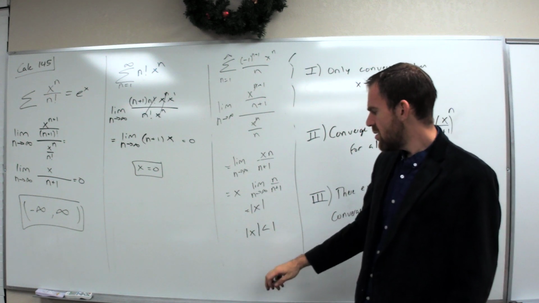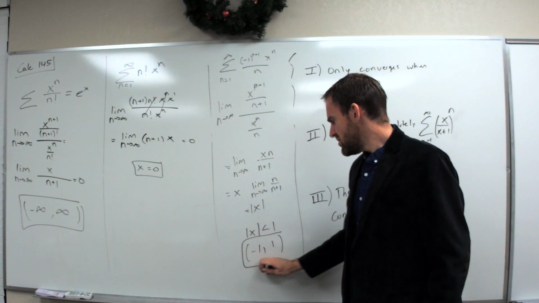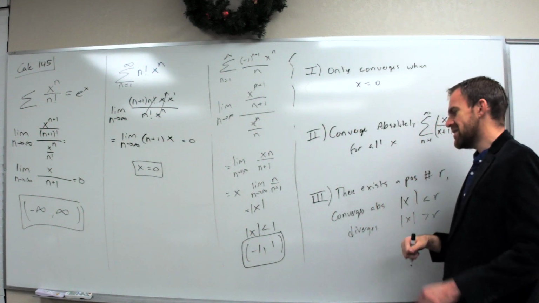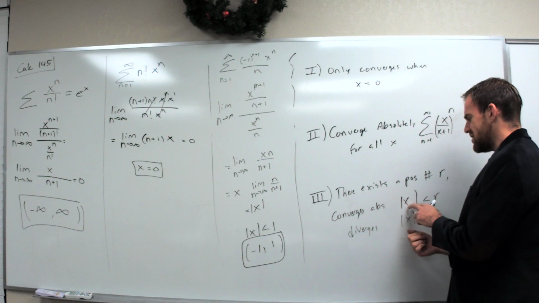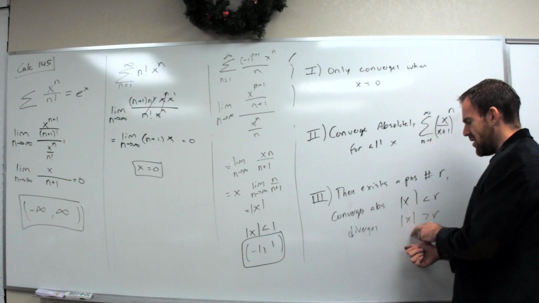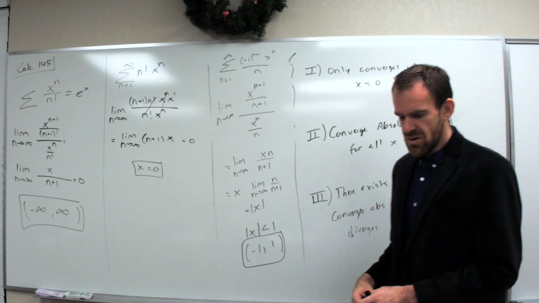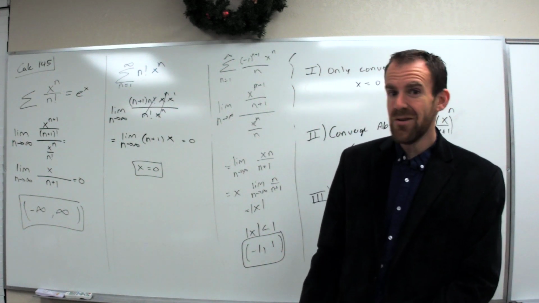Okay, so what does that mean? Well, x has to be between -1 and 1. So that's that third case where there exists a positive number r, in this case it was 1, such that this series converges absolutely when the absolute value of x is less than 1, but it will diverge when it is greater than 1. And that, my friends, is problem set 145.